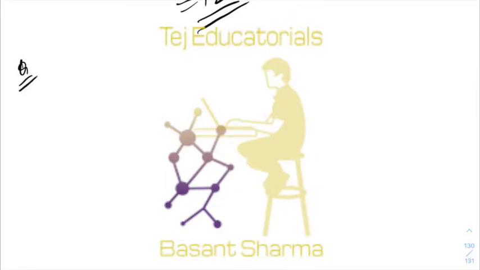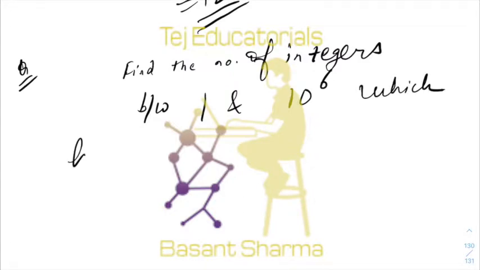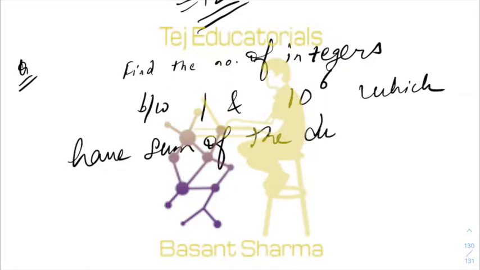The first question is: find the number of integers between 1 and 10 to the power 6 which have sum of the digits equal to 12.